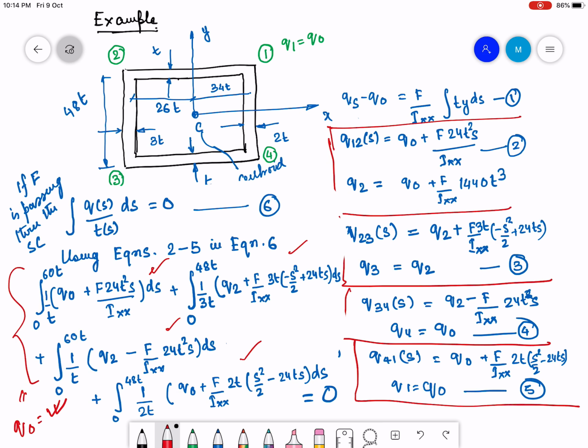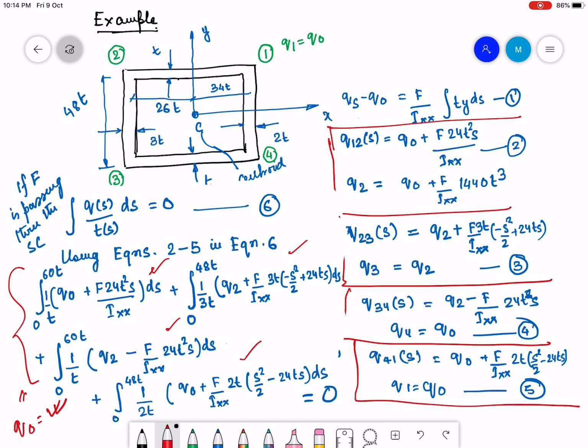But you should be able to appreciate now that if I solve this equation, we will be able to get the value of Q0. So once we get the value of Q0, I can plug it in equations 2 to 5, and I can get the value of Qs in each portion of the cross section.